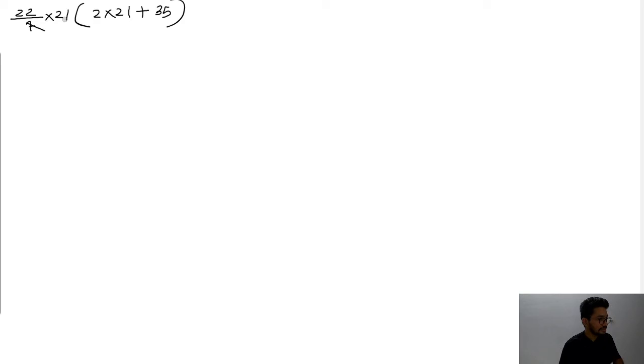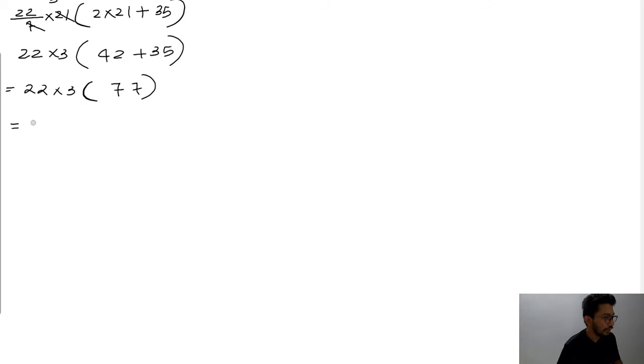Here I can cancel this 7, right? 7 into 3 is 21, and I'll get 22 multiplied by 3. Inside of the bracket, I have 21 into 2, I'll get 42 plus 35, adding these two things, I'll get 77.